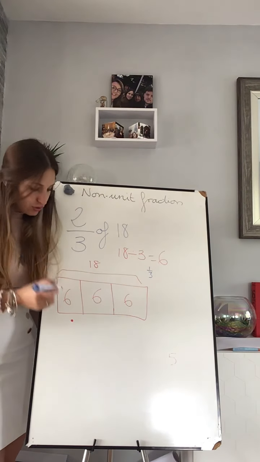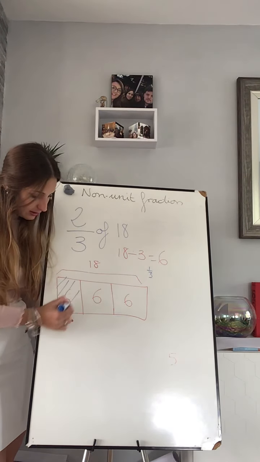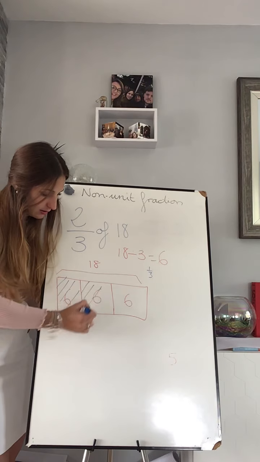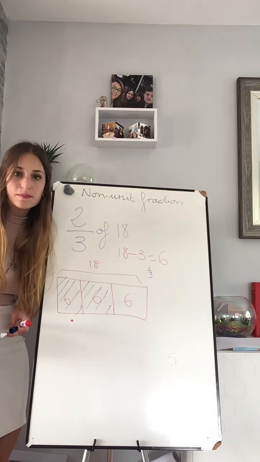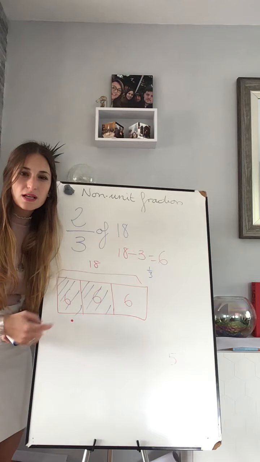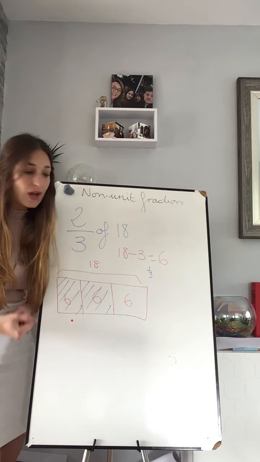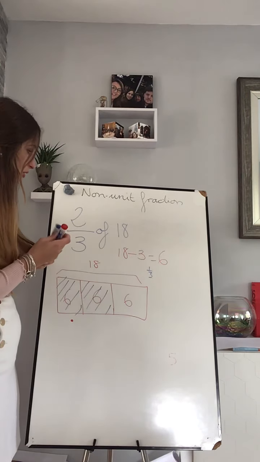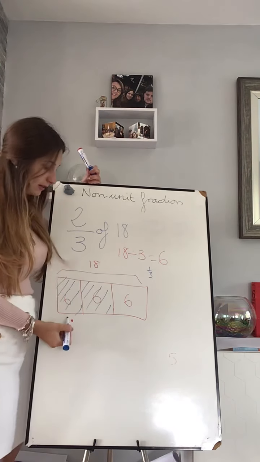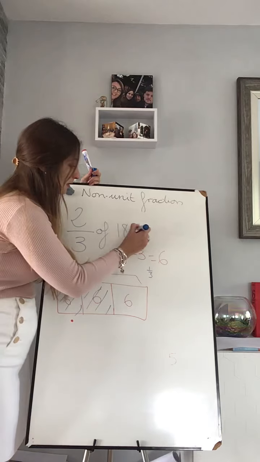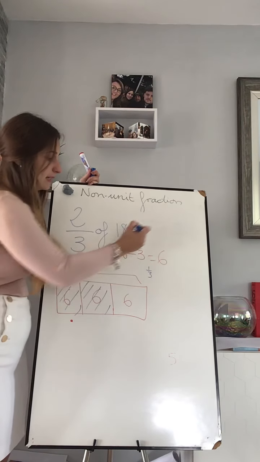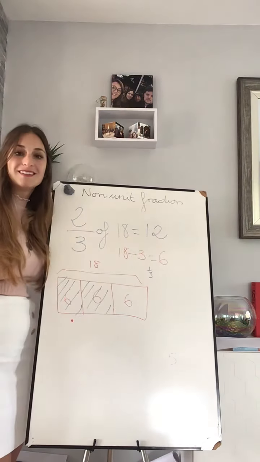I am taking 2/3. I'm taking this one and this one. So I'm taking 2 groups of 6. And 2 groups of 6 is 2 times 6, 12. Absolutely right. So I know that 2/3 of 18, because I'm taking 2, is 12.